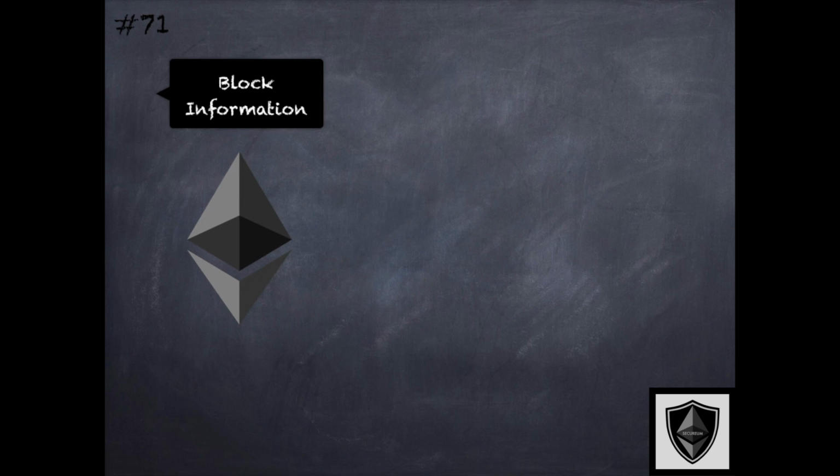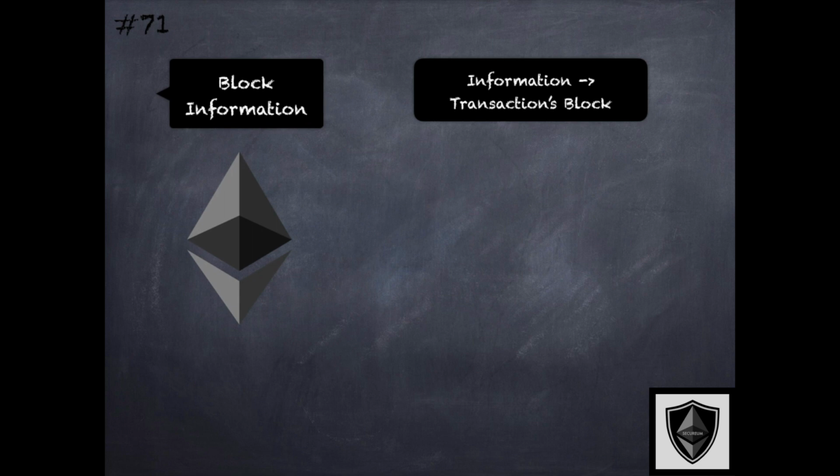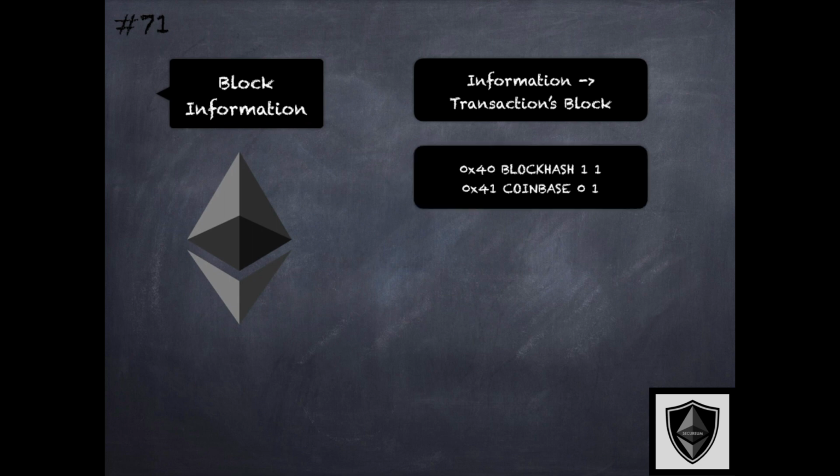Similar to environmental information, the EVM also has a set of instructions that gives information about the transaction's block. It has a block hash instruction that gives the hash of one of the specified 256 most recent complete blocks. If the specified block is not one of the most recent 256 ones, then this instruction returns 0, something that has a security implication.